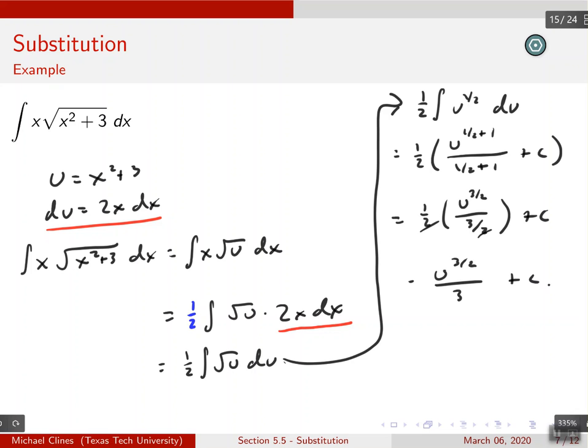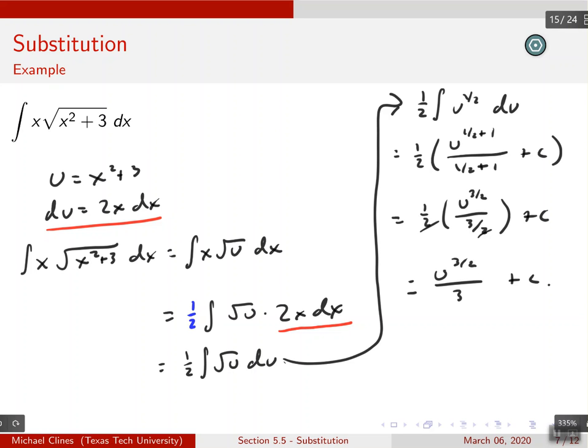And now we have it. That's our antiderivative. u to the 3 halves divided by 3 plus c. Now, this step right here that confuses you, how I could cancel out those 2's, shoot me an email, and I'll be happy to explain that in a little bit more detail. All right, so we have u to the 3 halves divided by 3 plus c. But we're not quite done yet.